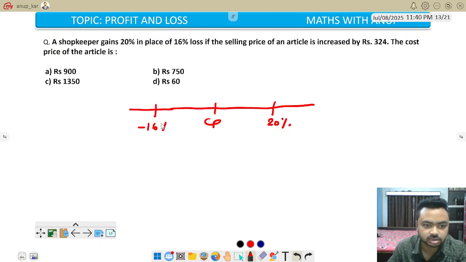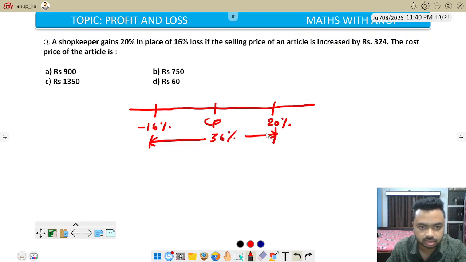This is my 16% loss. So the shopkeeper was earlier at a loss of 16%, now at a gain of 20%. In order to go from 16% loss to 20% gain, what is the distance covered? Obviously 16 first, then he goes to 20, so it will be 36%.